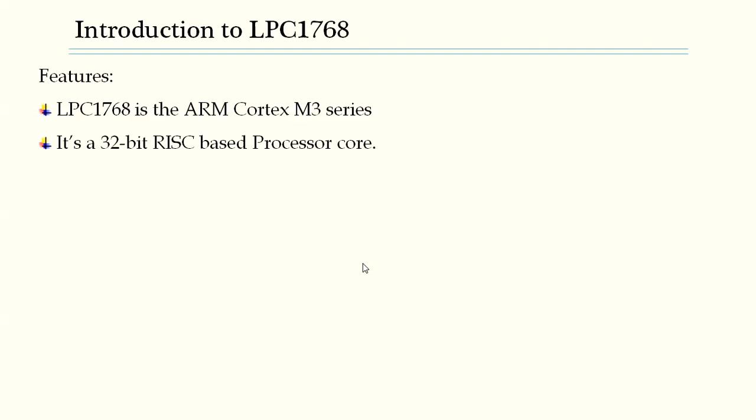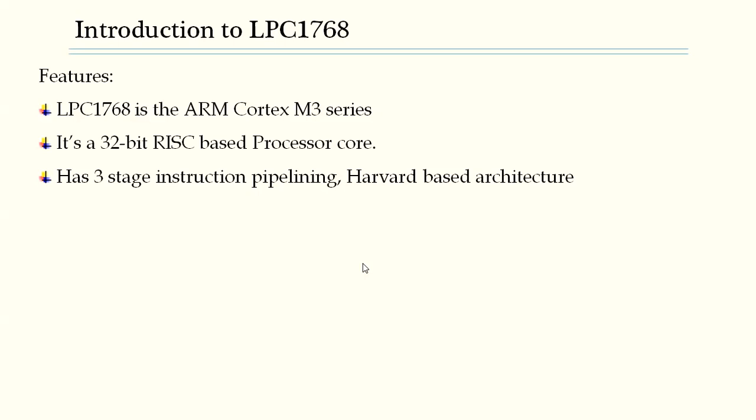It has a large number of internal or CPU registers, and the architecture is based on load and store, wherein data to be obtained from or written into memory specifically uses the load and store instructions. The next important feature is that it has a 3-stage instruction pipeline and a Harvard based architecture.